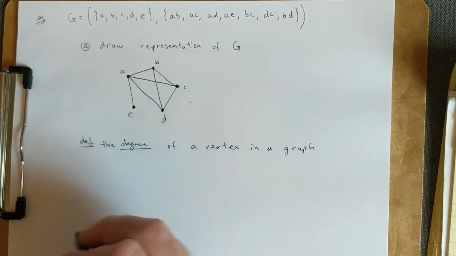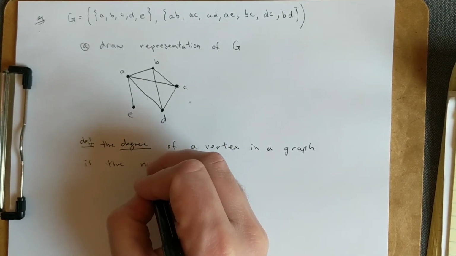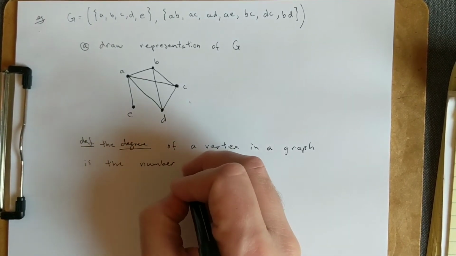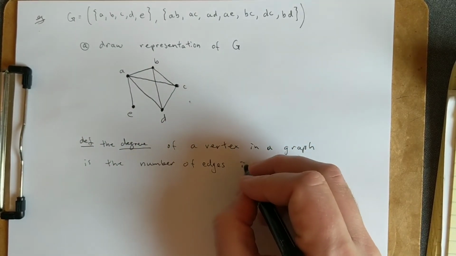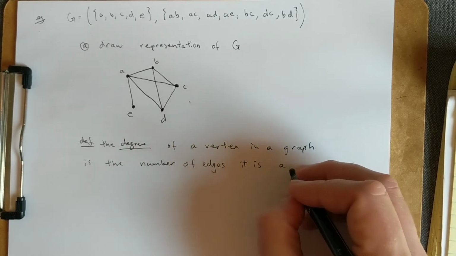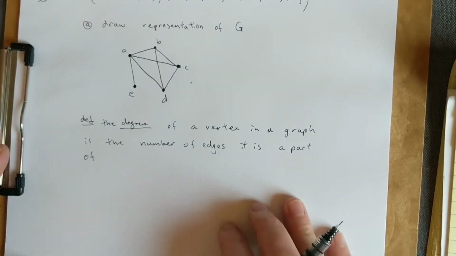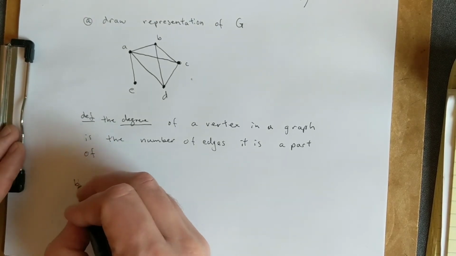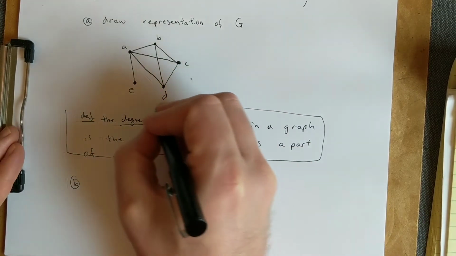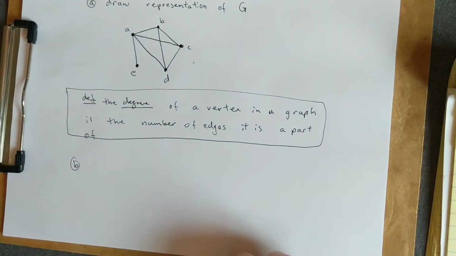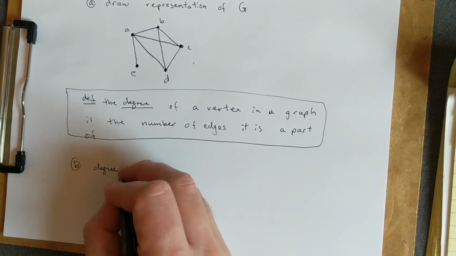So the degree of a vertex in a graph is the number of edges it's a part of. So if we keep going with this, we could ask, what is the degree of A?